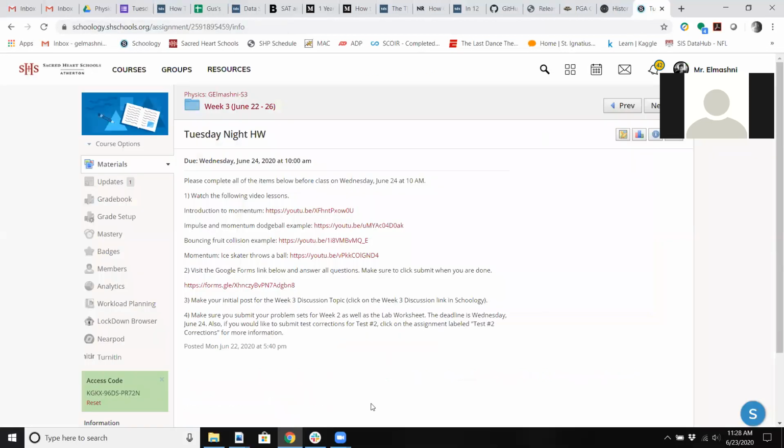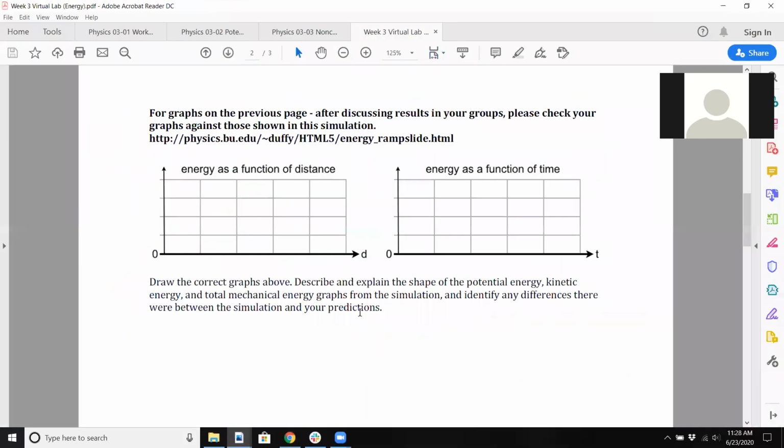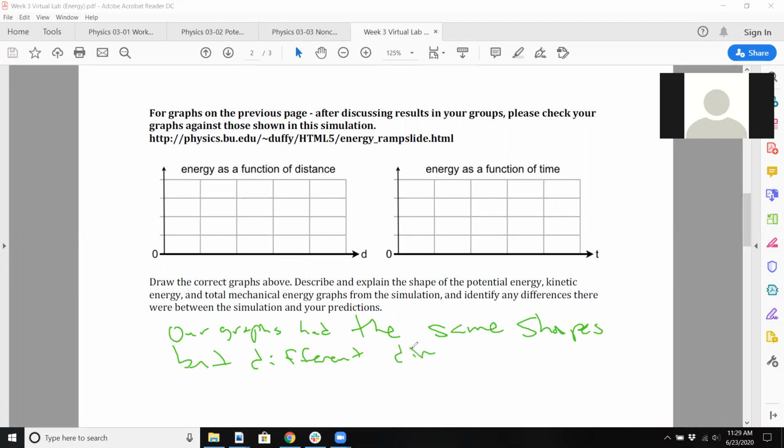So let's come back here. So I guess we could say, our graphs had the same shapes, but different directions.